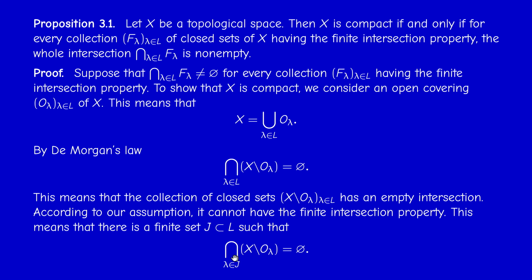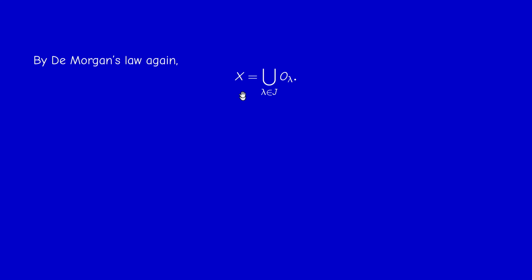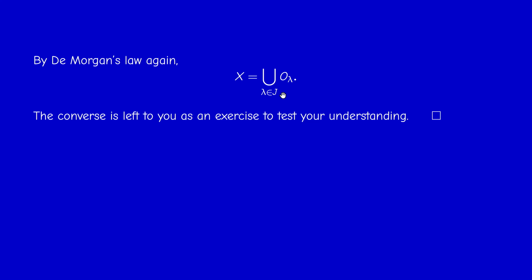And once again, the intersection of the complements is the complement of the union. So therefore, X can be written as the union of these O_lambda for lambda in J, and therefore we started from an arbitrary open covering and we extracted from it a finite subcovering, and this is just compactness.